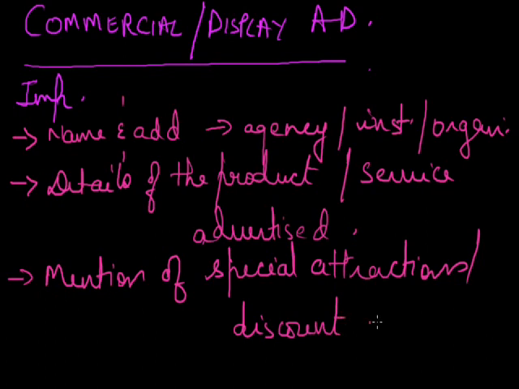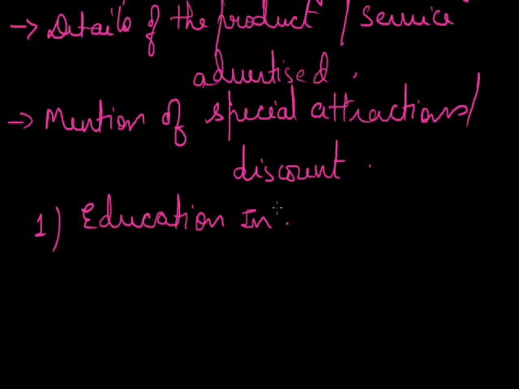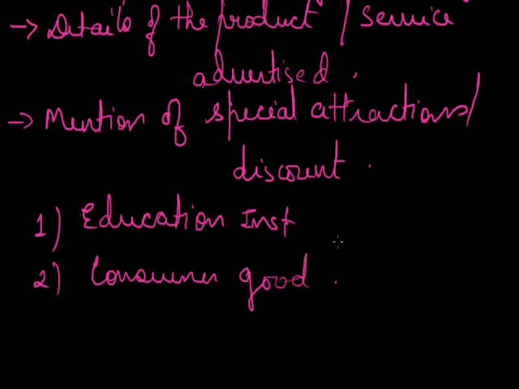Now, speaking more about commercial and display advertisement, it can be for, first, an educational institution. Next, it can be for consumer goods, like for the Toddler Den, or for a fun showroom, like this.